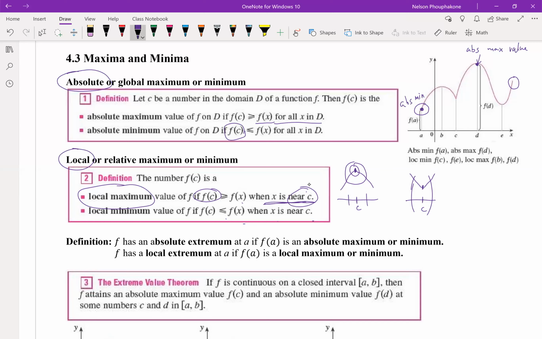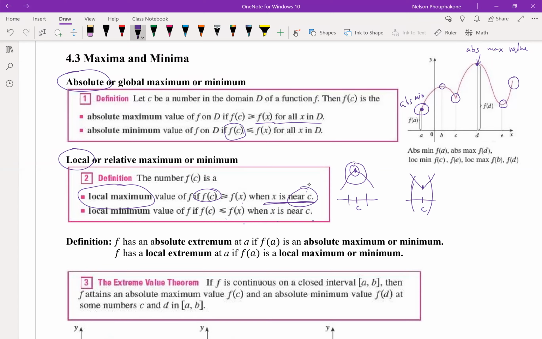So in this case, f of c is my local minimum, and f of e is my local minimum. And f of b is my local maximum, and of course, f of d is also a local maximum as well.